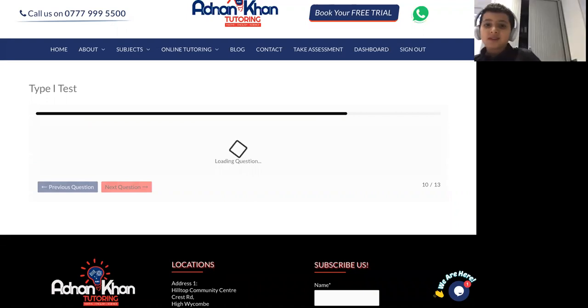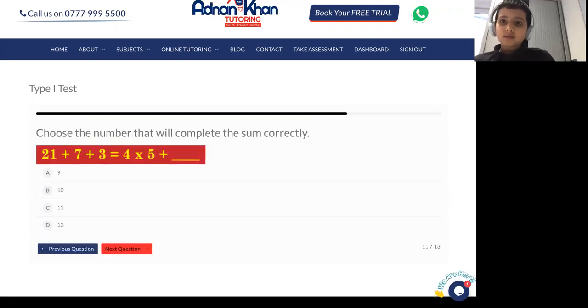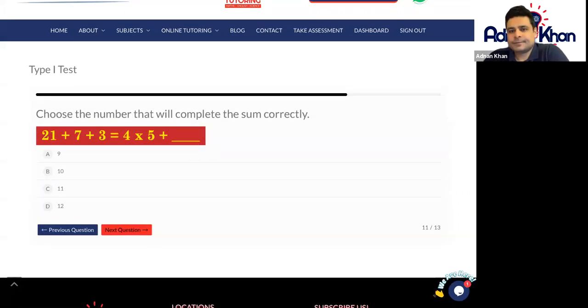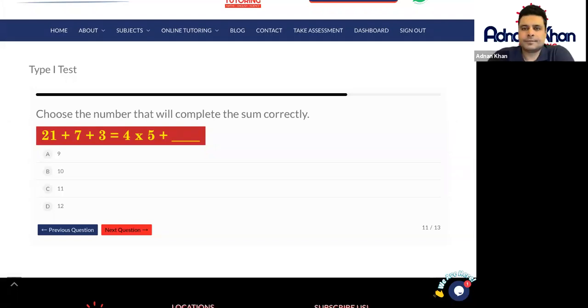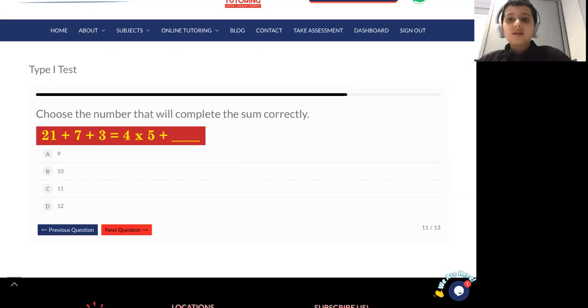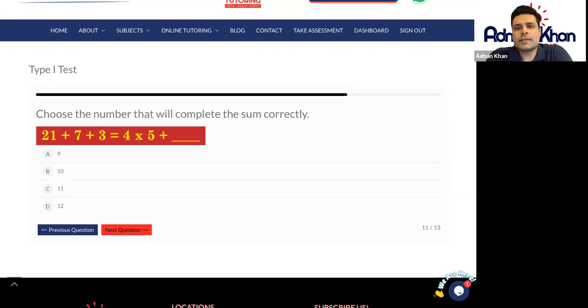Okay, so there's a lag between you and the others. Let's do one more. So 21 plus 7 equals 28. 28 plus 3 equals 31. Yep, so 21 plus 7 is 28 plus 3 is 31. Well done.